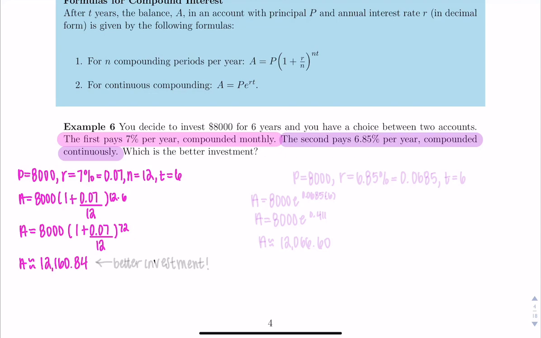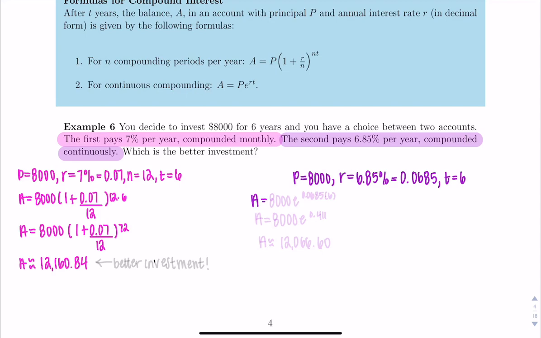For the second investment option, we're going to use the second formula because it's being compounded continuously. So the P is still 8,000. My rate is 6.85%, but in decimal form, that's 0.0685. And my time is still 6 years.